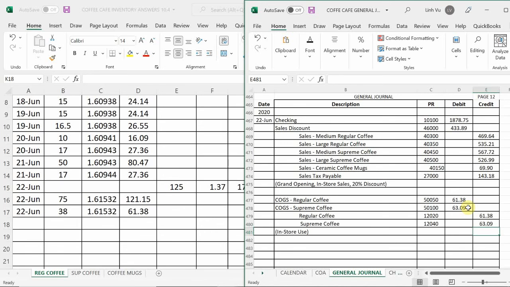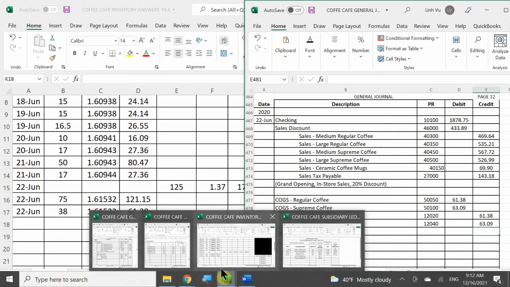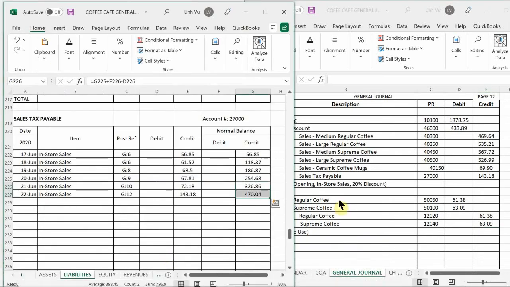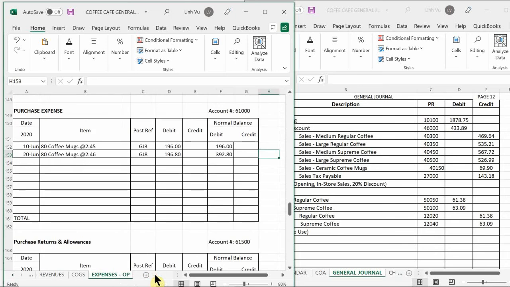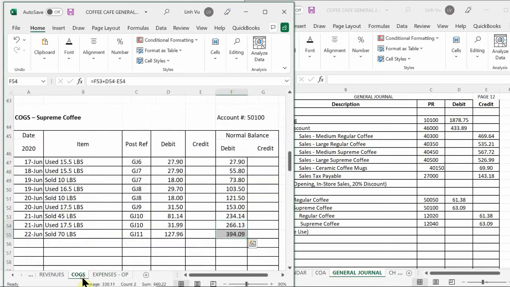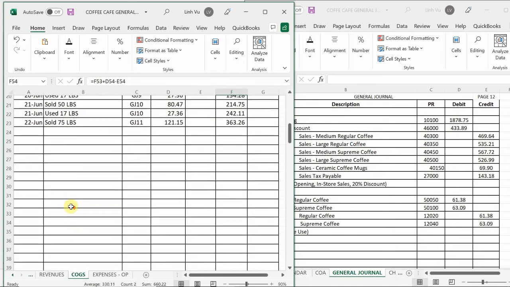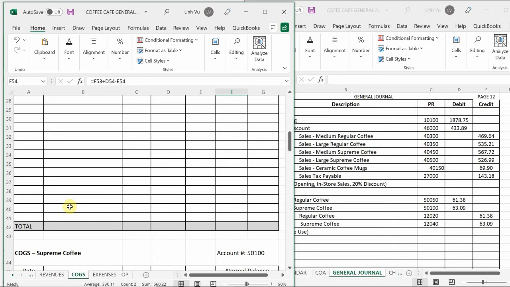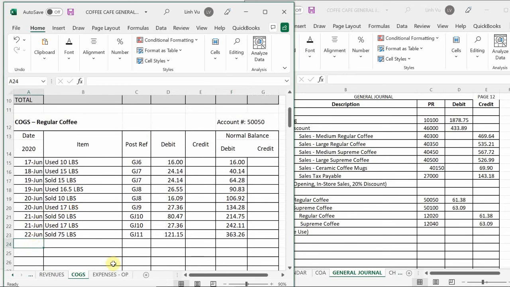So now what do we need to do? Now go to the general ledger. So now we got to recognize the cost of goods sold. So cost of goods sold for regular coffee.